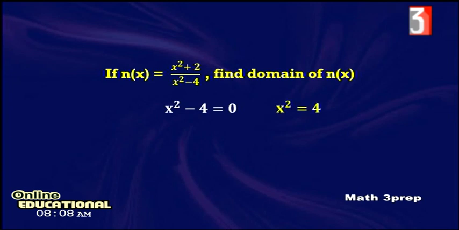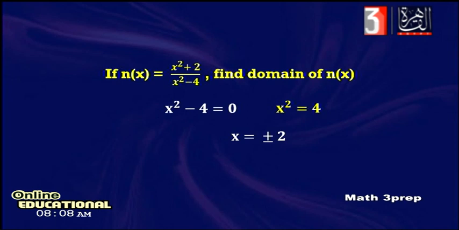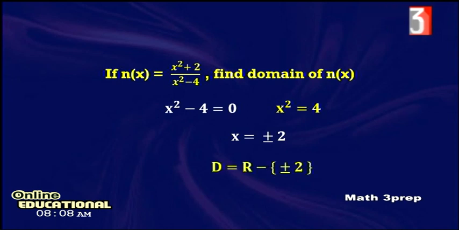In this case, we can say that x to the power of 2 equals 4. By taking the square root for both sides, you are going to obtain x equals positive or negative 2. In this case, we can say that the domain equals R minus the set of positive or negative 2.